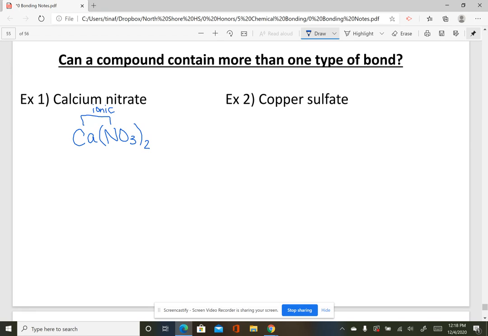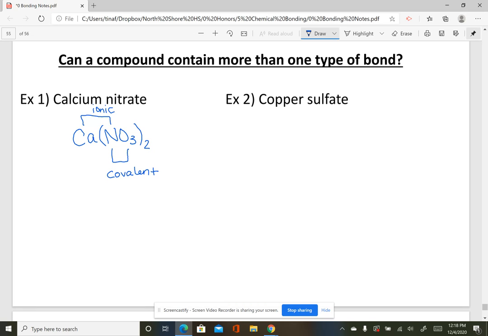So there's ionic bonding. But then within the polyatomic, I have N bonded to 3 O's. N is a nonmetal and the O's are nonmetals. So what kind of bonding do I have here? I have covalent.